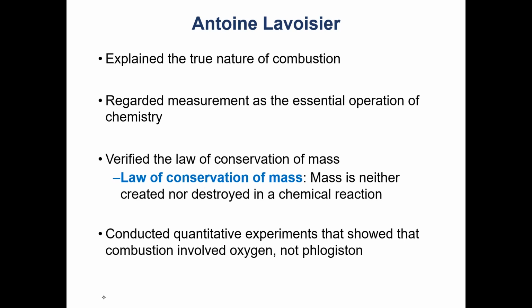We're not entirely sure what phlogiston was supposed to be, but it was this mysterious substance that somehow allowed things to burn. And Lavoisier did some quantitative experiments that eventually showed us that combustion involved the reaction of oxygen with whatever you were burning in the presence of heat, and as this substance burns, we form an oxide of that substance.